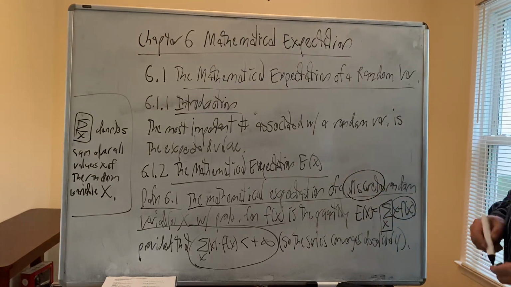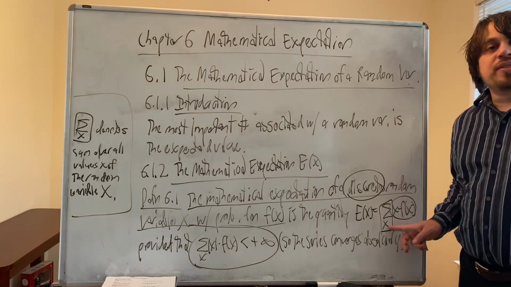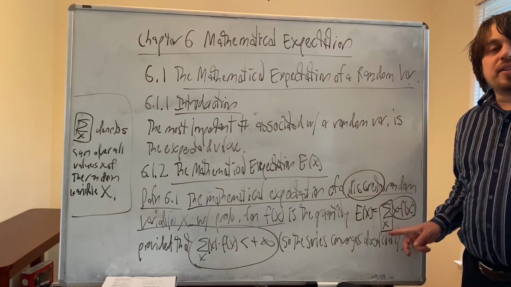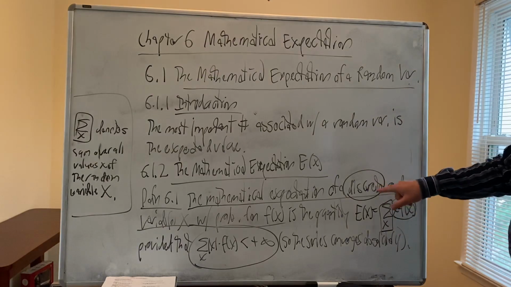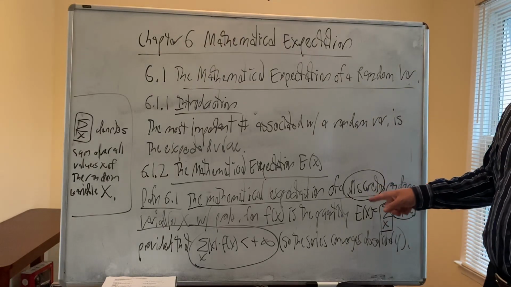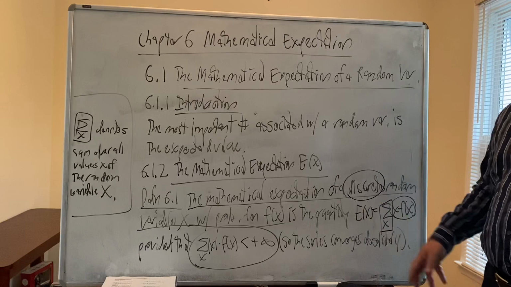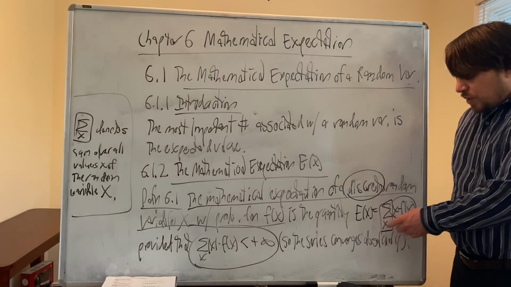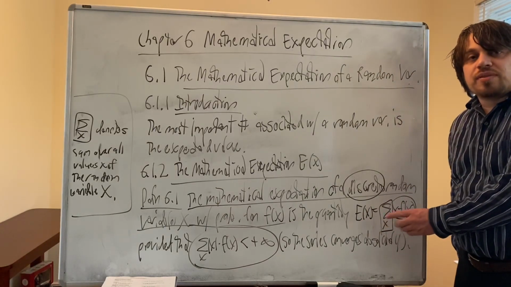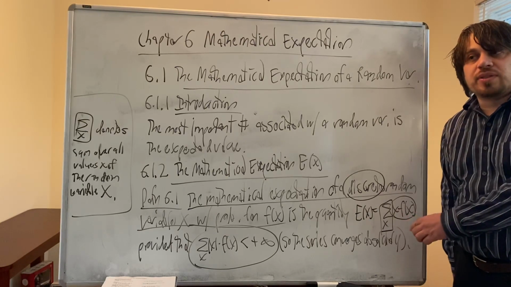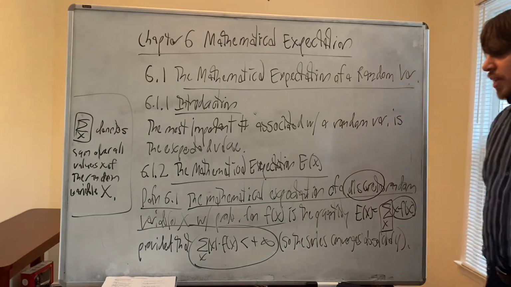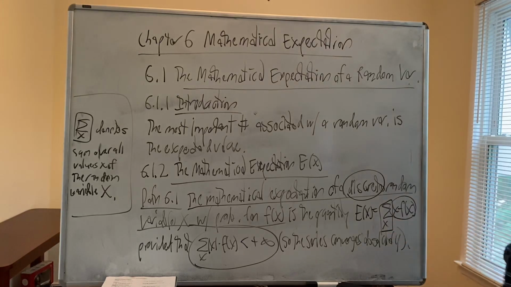That means the possible values that little x could take is finite, or if capital X is infinitely discrete, a countable set, countably infinite, then you could sum over infinitely many values of little x, values that are in one-to-one correspondence with the positive integers. So this sum could be infinite or finite, depending on what type of discrete random variable X you have.